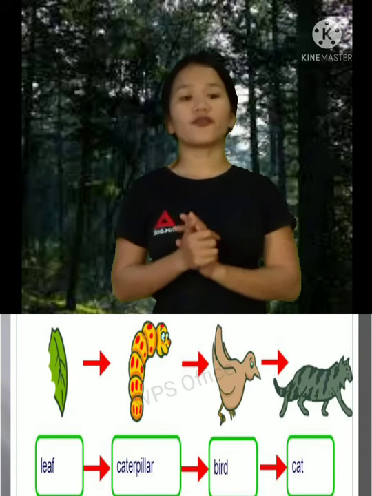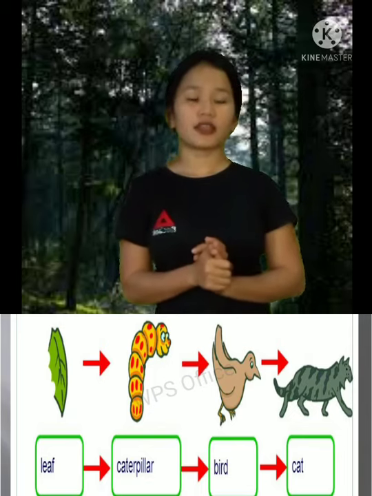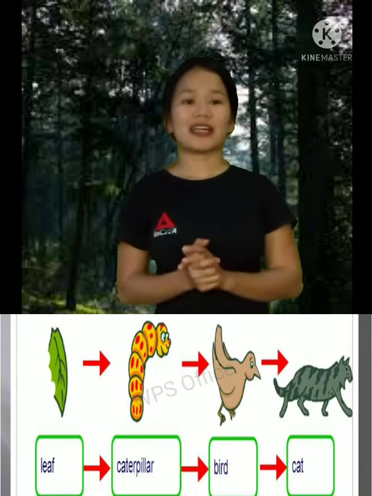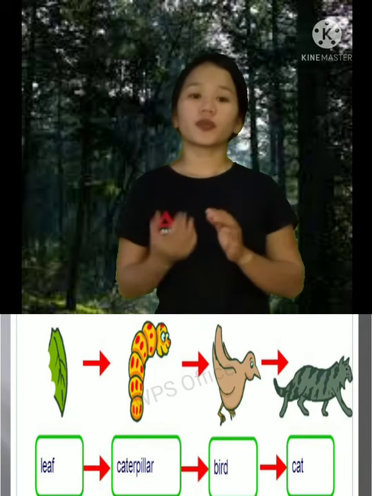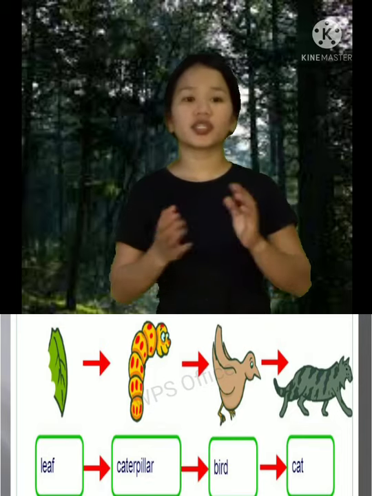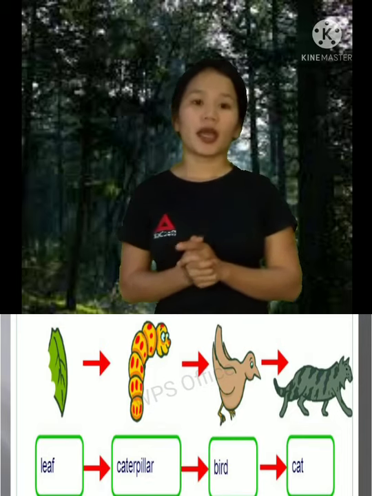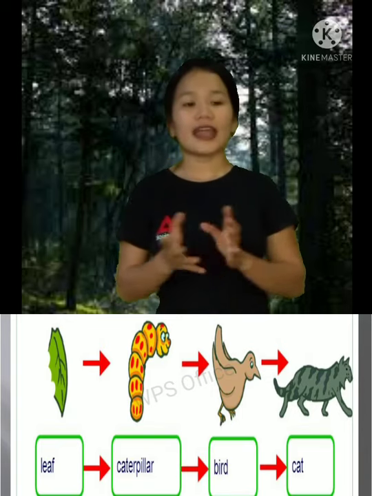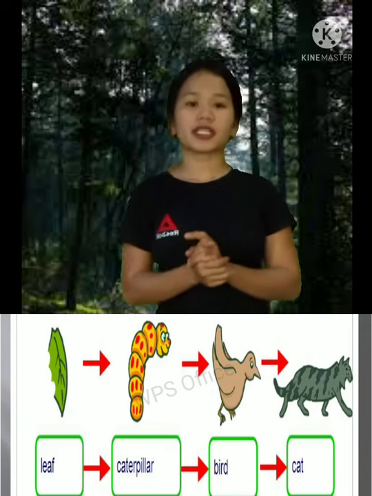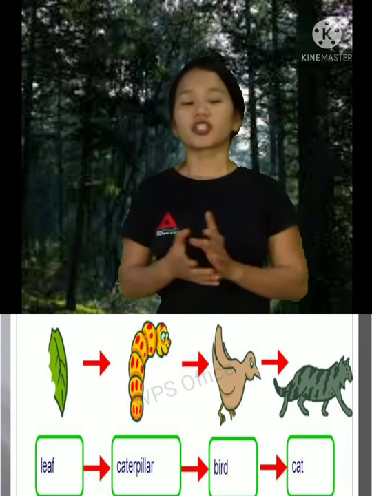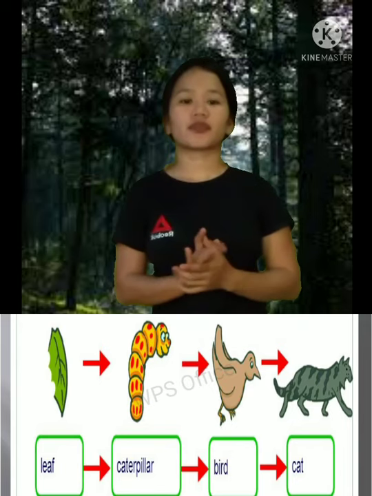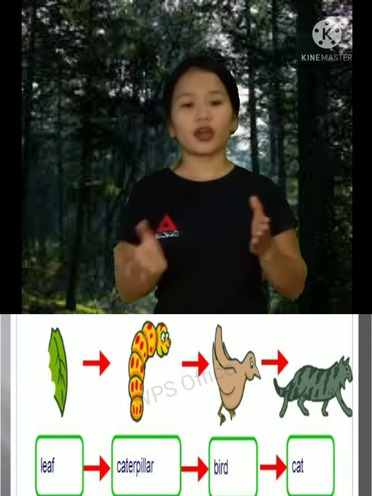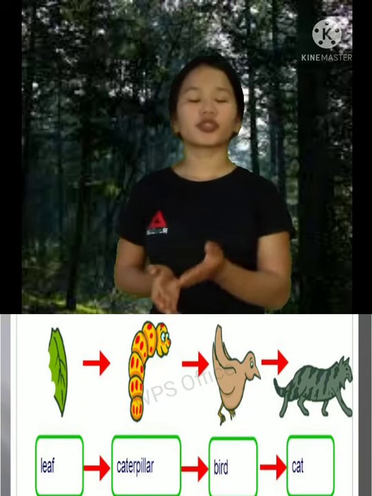So the energy of the plants, which they got from the sun through photosynthesis, is transferred to the caterpillar because the caterpillar eats the leaves of plants, and the caterpillar is eaten by birds and the birds eaten by cat. So it means energy is transferred through being eaten between organisms, from producers to consumers.